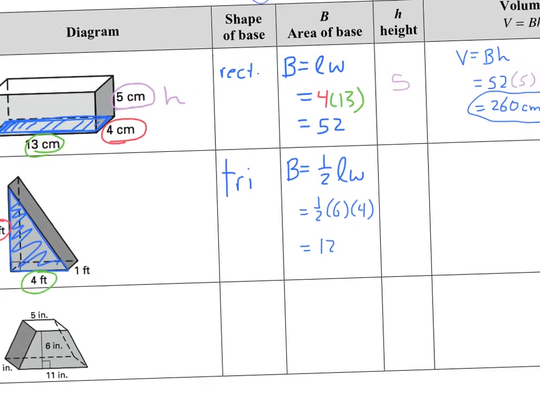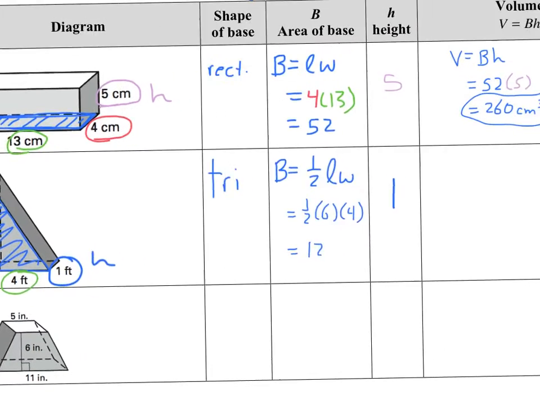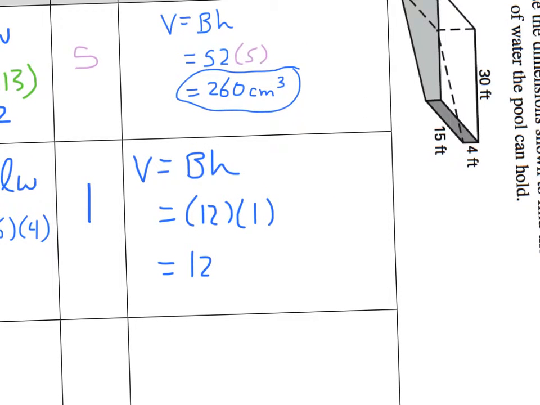And now we recognize the height as 1, the distance between is going to be 1 foot. And now we can plug and play. Volume of any prism is capital B times H. So now I plug in 12 and a 1 to get 12 cubic feet.